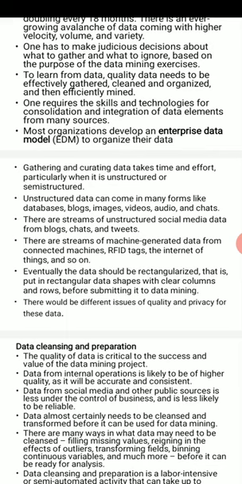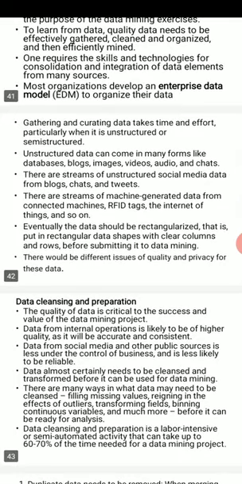So let us look into what data cleansing and preparation is. Why we have to do this: the quality of data is critical to the success and value of a data mining project.